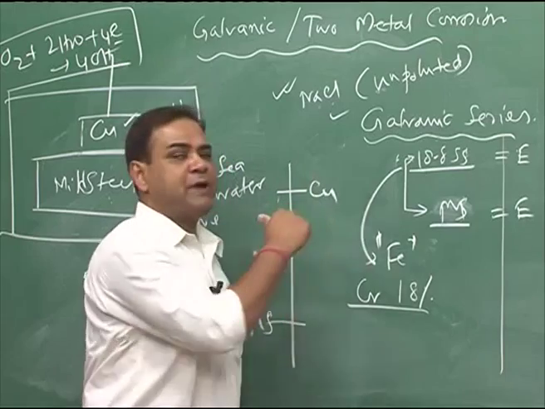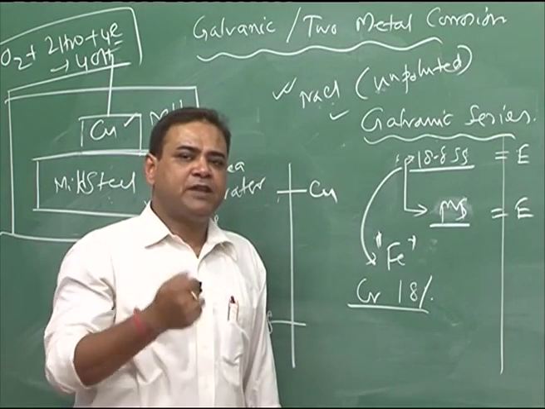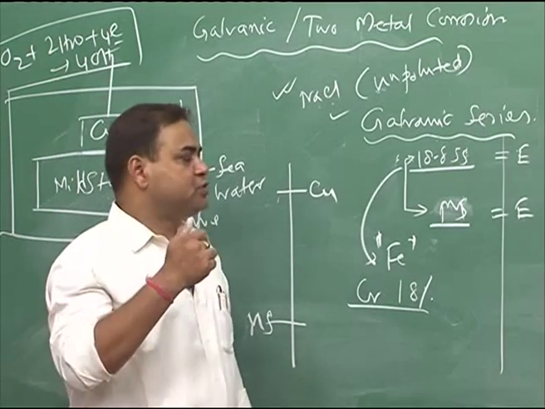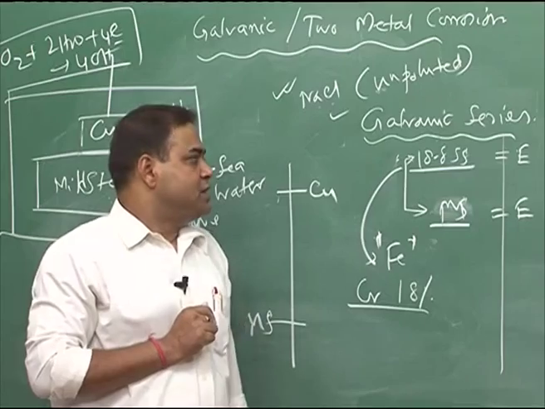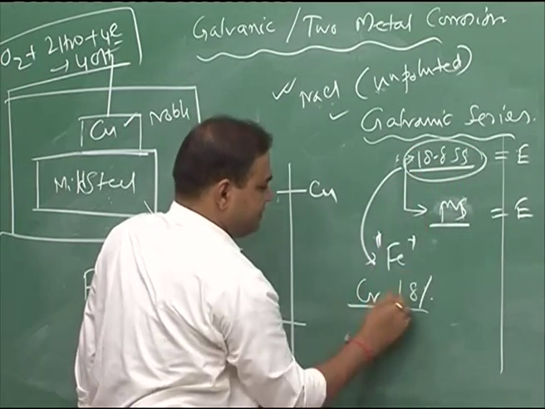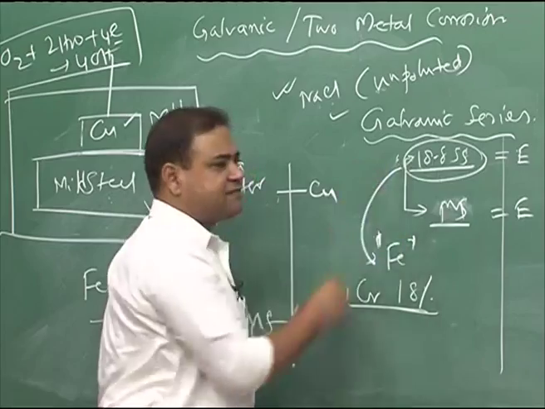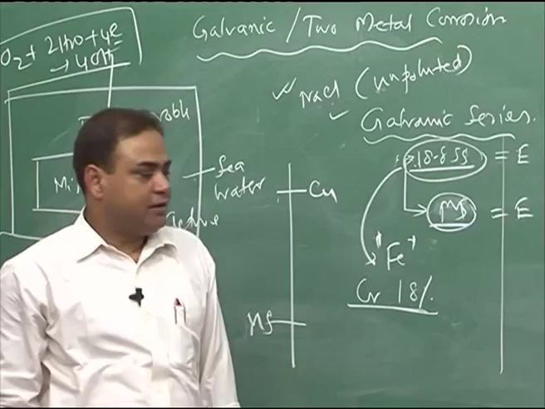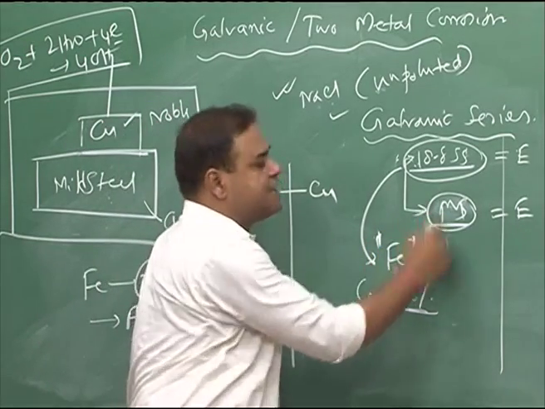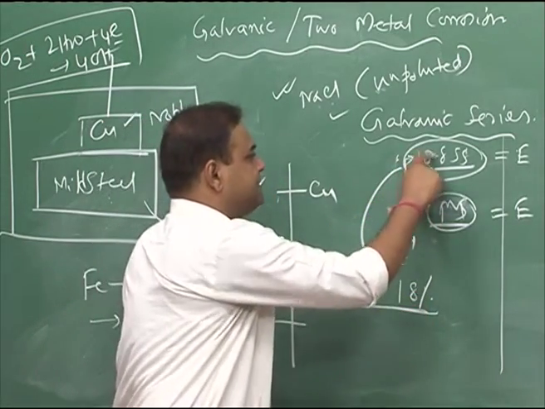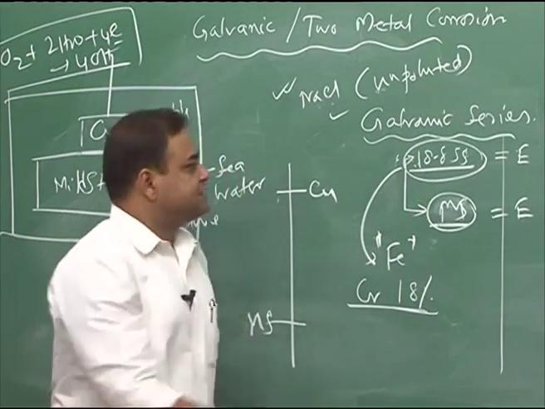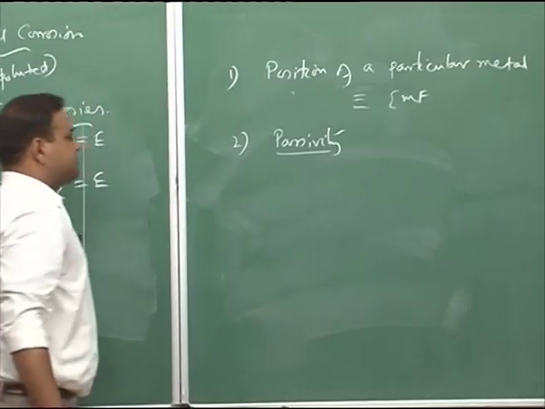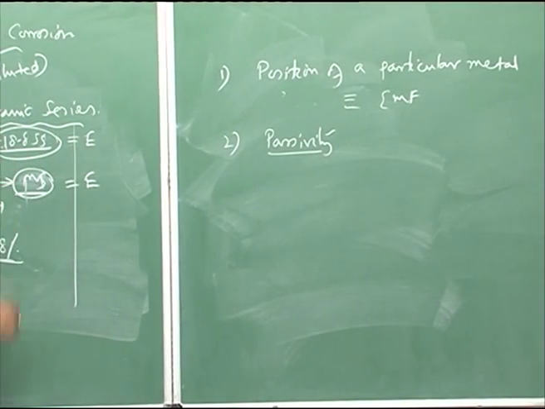Once it forms, that passive layer acts as cathodic in comparison to normal iron or mild steel. So, since we have 18% chromium and it is passive, the stainless steel will act as noble and cathode, and the mild steel will be the active metal in the couple. So, passivity changes the position of different metals in the series.